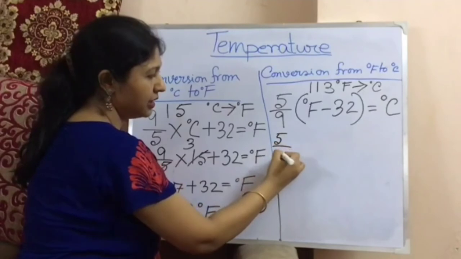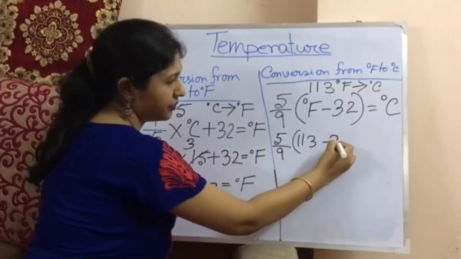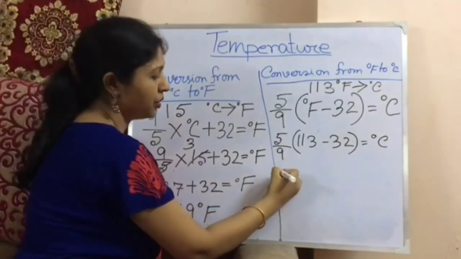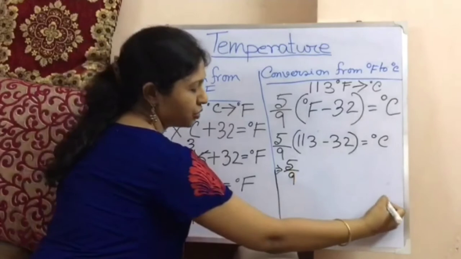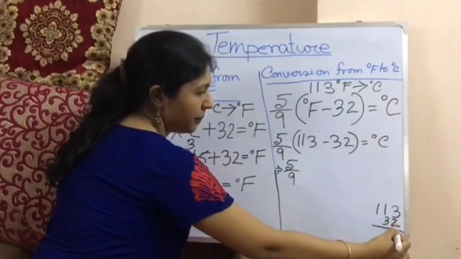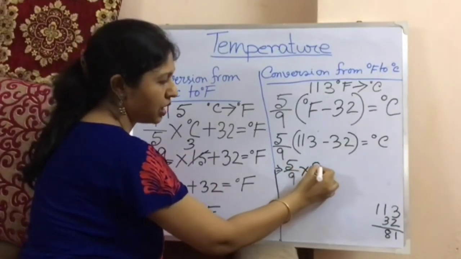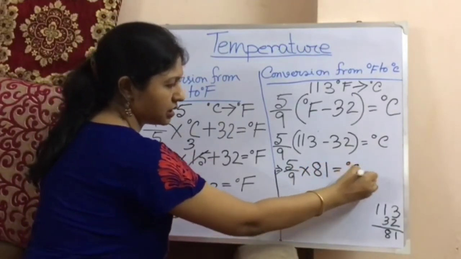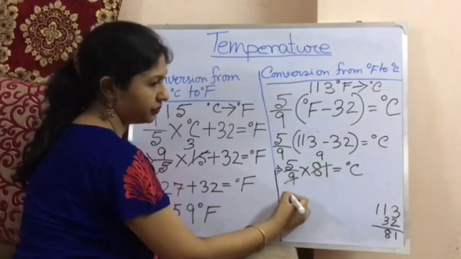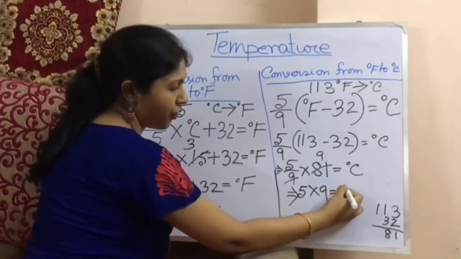So 5 by 9, then 113 minus 32, it will come 81. 5 by 9 times 81 equals degree centigrade. 9 divided into 81 means 9. 5 into 9 means 45.